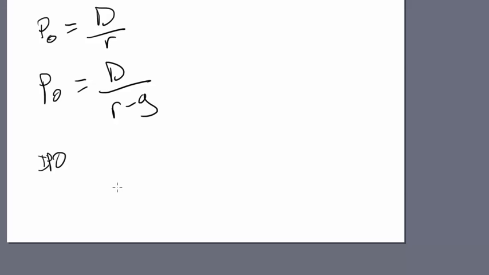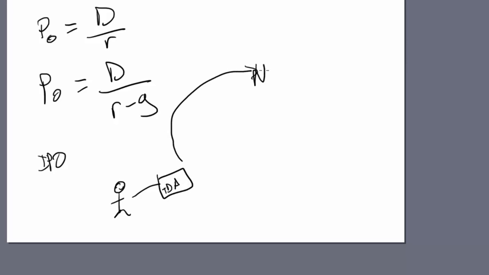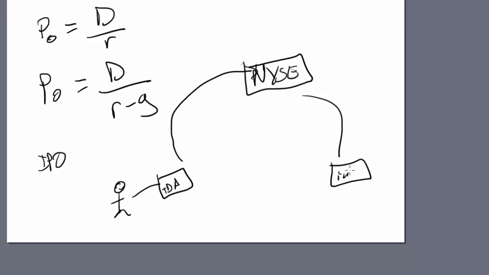And let's go over that really quickly, just so that everybody's on the same page. So here you are, and here is your investment firm, something like Bank of America or TD Ameritrade or whatever. And then this order goes out to the New York Stock Exchange. On the other side of the order, you have somebody else that has an investment firm where they have an account, and they're interested in selling.